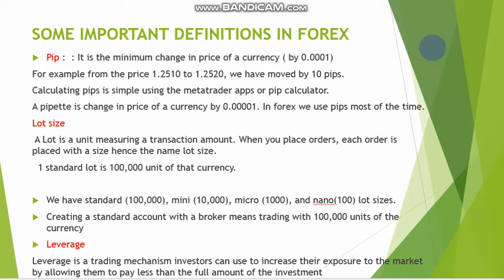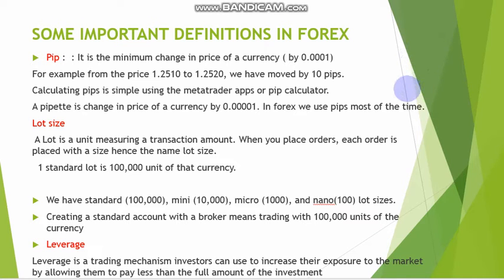Now a pip is simply a minimum change in price of a currency, a change in price to the fourth decimal place. That means dividing the price by 10,000, shifting 4 decimal places behind.